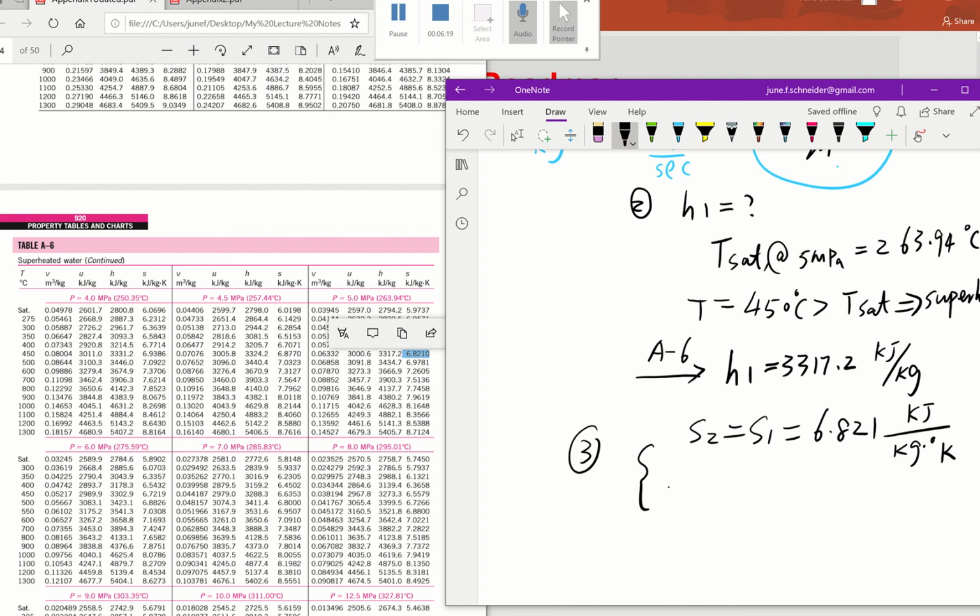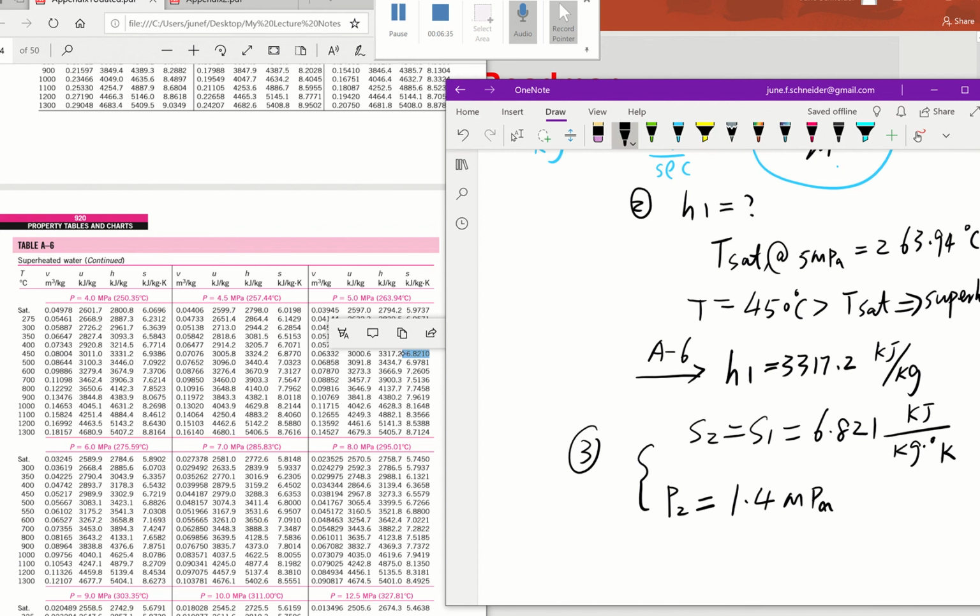Knowing that, we combine it with our second property, which is the pressure. It's dropped to 1.4 megapascal, that's given. Then we can find our H2. So let's take a look.